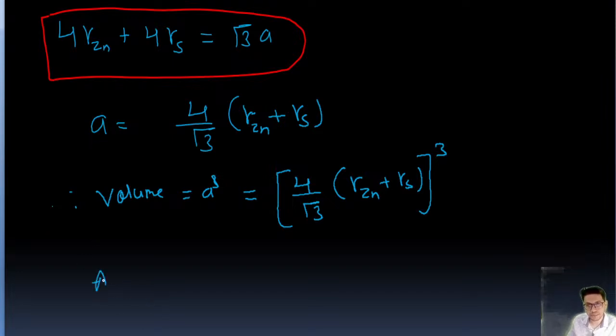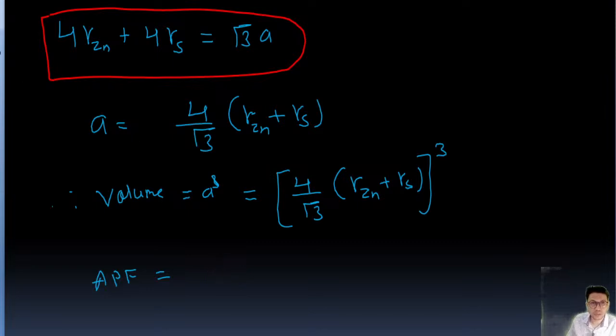So APF, atomic packing fraction, is going to be this one. We know how to find the atomic packing fraction. There are 2 atoms, so I'll write the formula first.